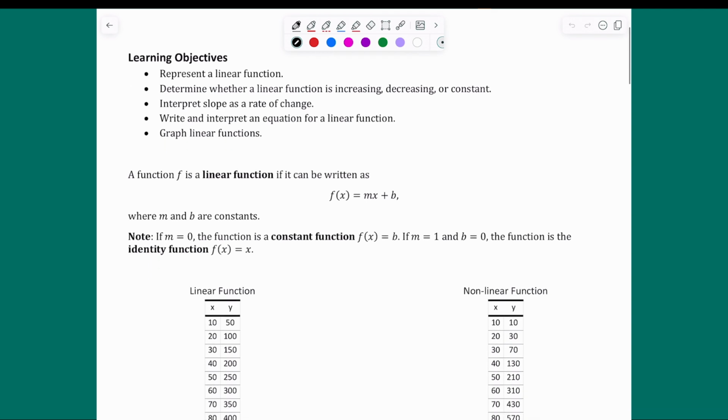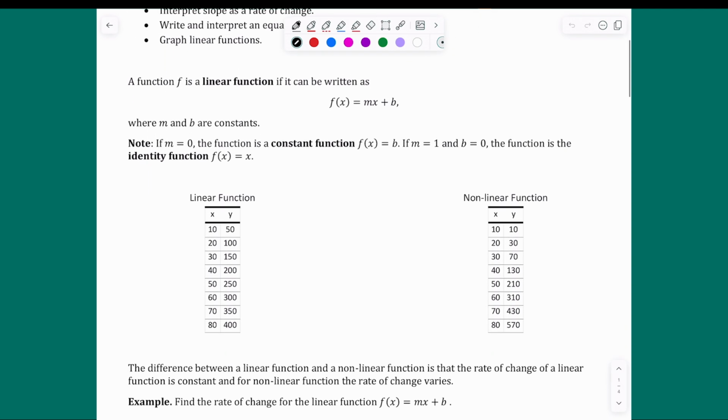All right, so if we look at what makes a linear function essentially a linear function, and compare it to something that's non-linear, we could see the difference. So let's go ahead and look at these two tables here. I have a linear function in some ordered pairs, and also a non-linear function represented by a table of ordered pairs.